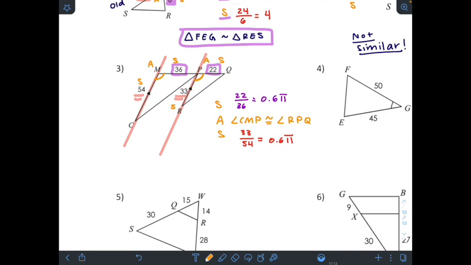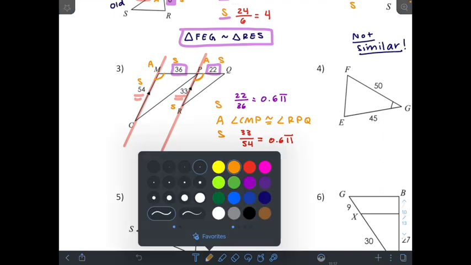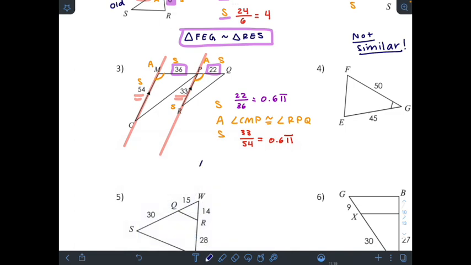Since my proportions are good and we do have that angle between the two sides, we can use side, angle, side in this example. So I can write out triangle CMP is similar to triangle RPQ. How do I know that? Side, angle, side similarity.